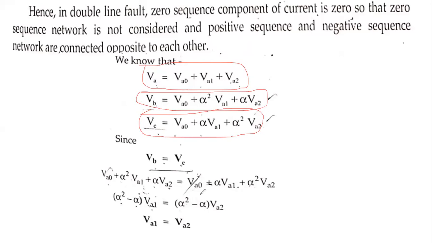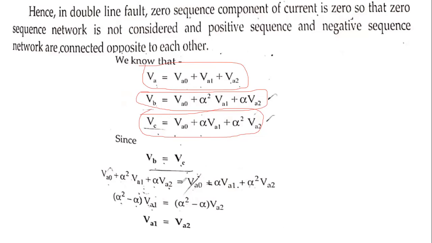In this case VB is equal to VC. Since we are equating VB and VC, VA0 plus alpha square VA1 plus alpha VA2 is equal to VA0 plus alpha VA1 plus alpha square VA2.